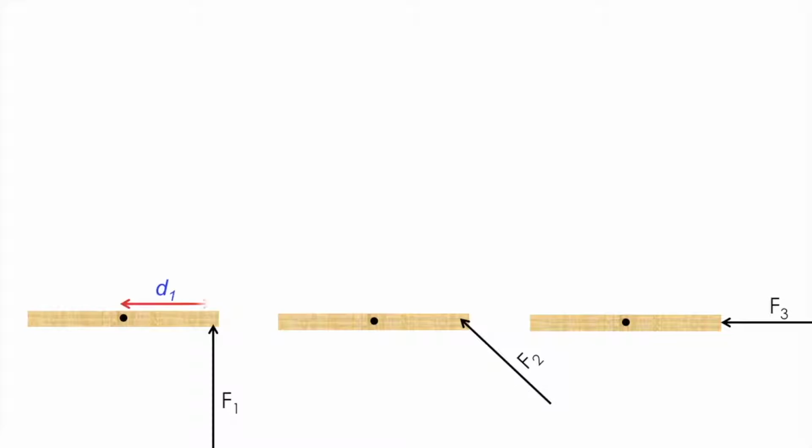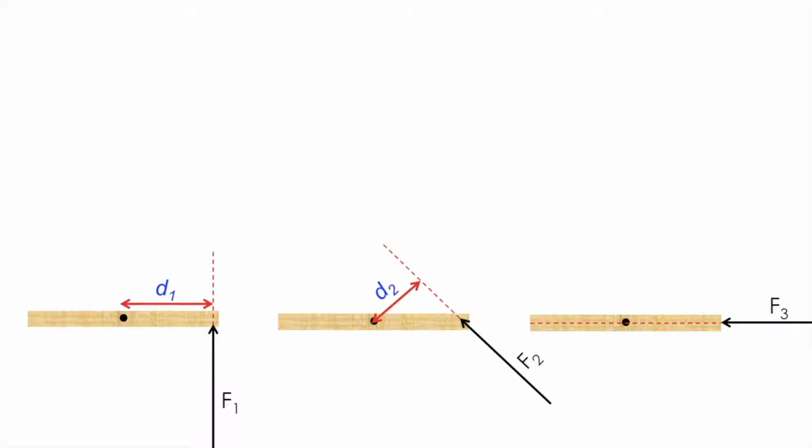In the first plank, the distance between the pivot and the line of force of F1 is D1, which is greater than D2, which is the distance between the pivot and the line of force of F2. In the third case, this distance is 0 as F3 acts along the length of the plank and the line of F3 passes through the pivot.